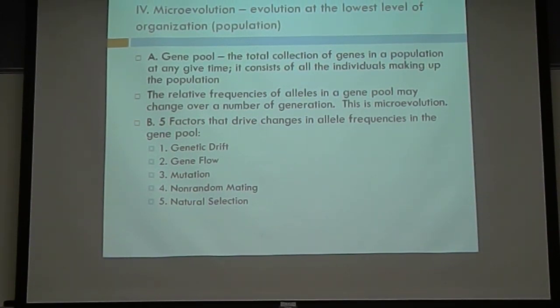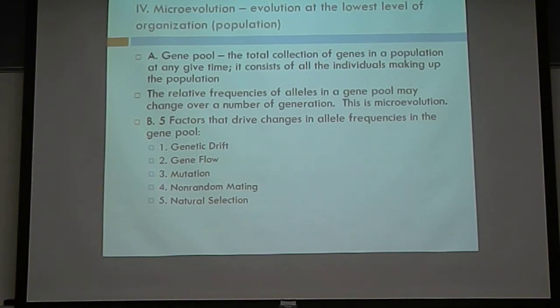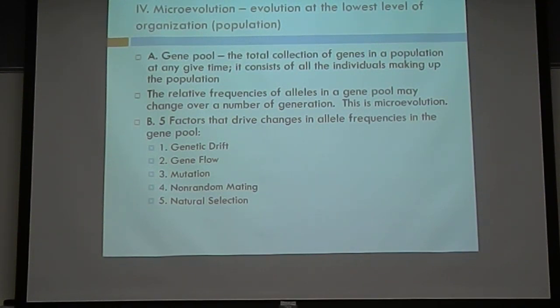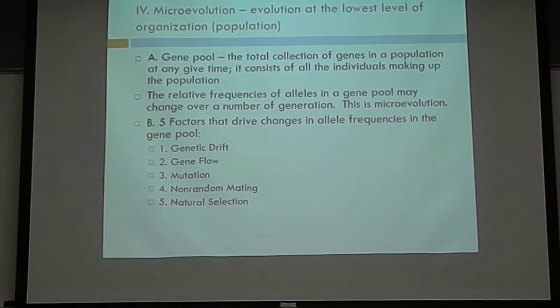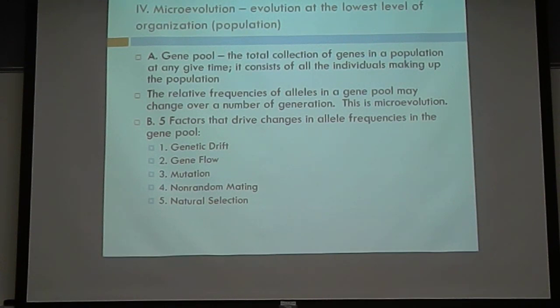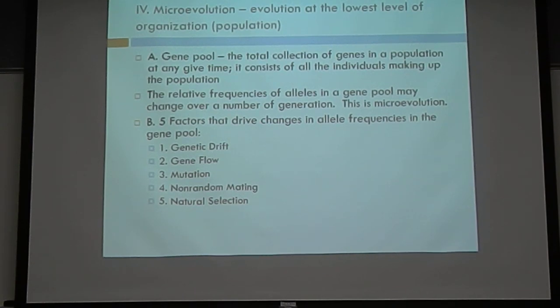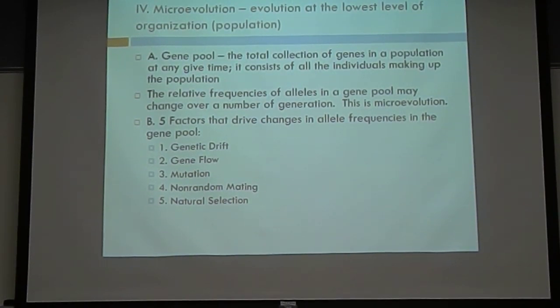If nothing happens to the gene pool, if there are no actions, no events that would influence the gene pool at a given time, then there would be status quo. You wouldn't have any changes in that gene pool.